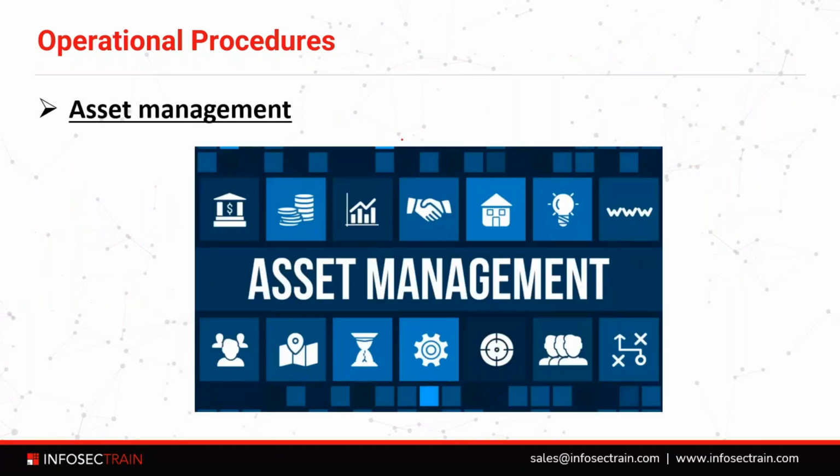Then in operational procedures, we have asset management as well. How will you define asset? What is an asset, guys? So asset means anything that holds value for you. Now there are two types of assets: tangible and intangible.